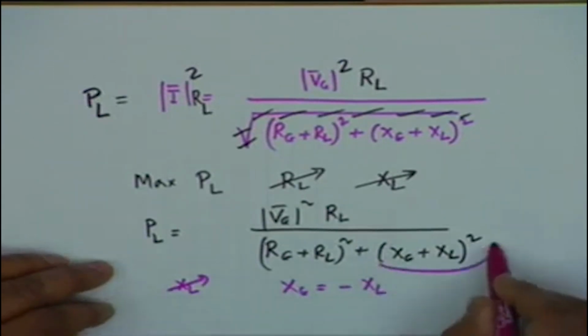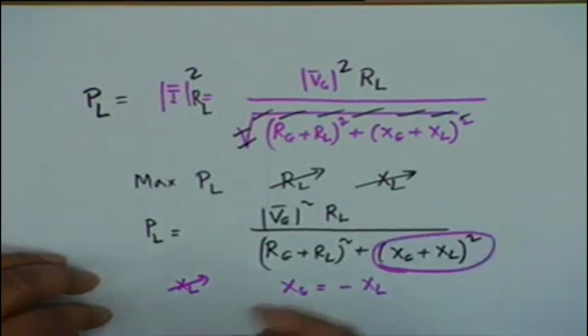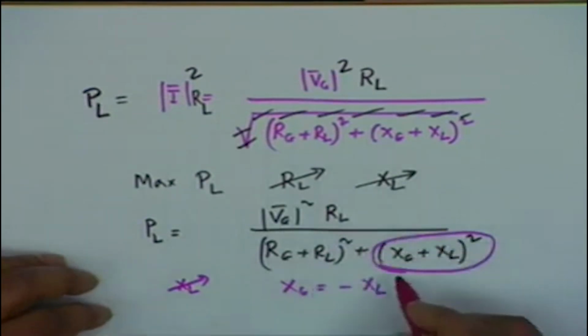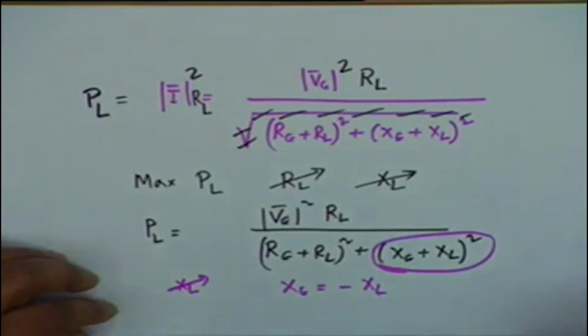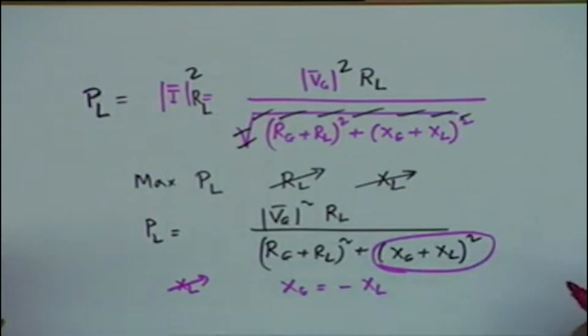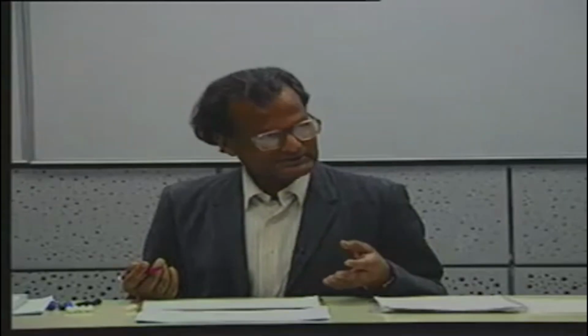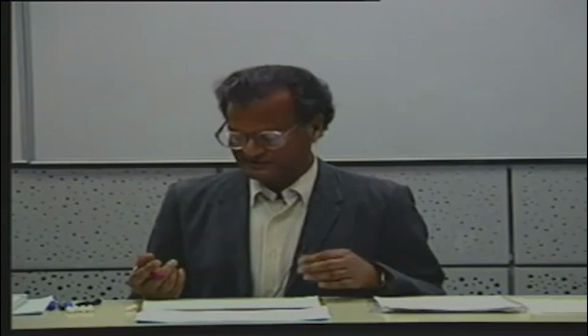The minimum value that this expression can take is 0, and it happens when Xg is equal to minus XL. If the source is inductive, the load should be capacitive; if the source is capacitive, the load should be inductive. The reactances should be equal and opposite so that they cancel each other.